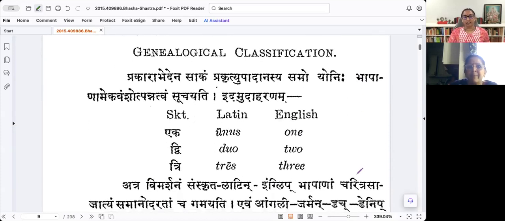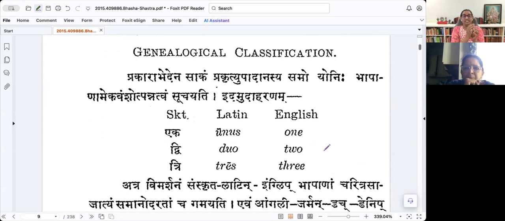Now, what is this genealogical classification? Prakarabhedena sakam prakrityupadanasya samaha yonihi bhashanam ekavamsha utpannatvam suchayati. Prakara is the root of a word.